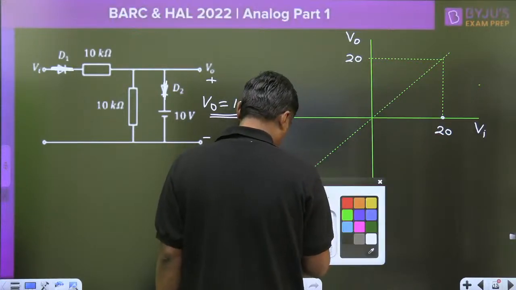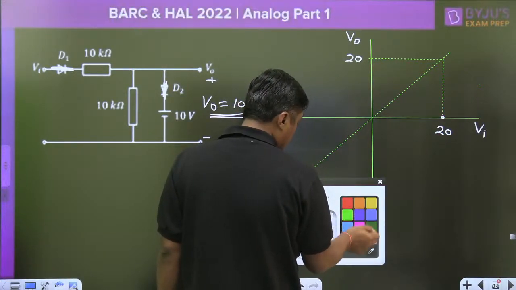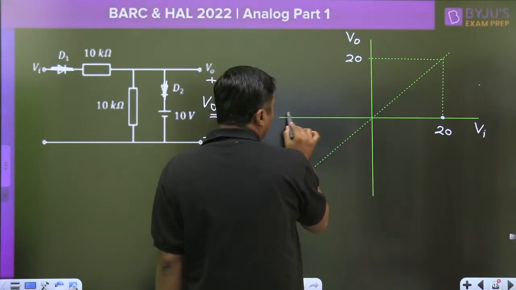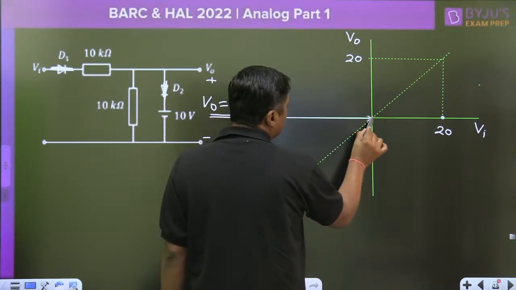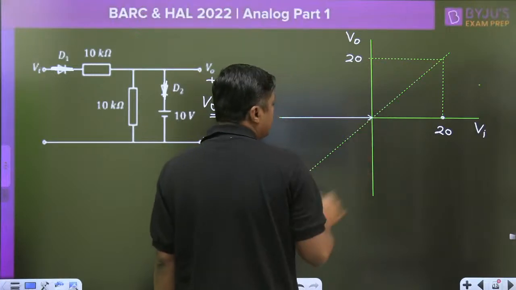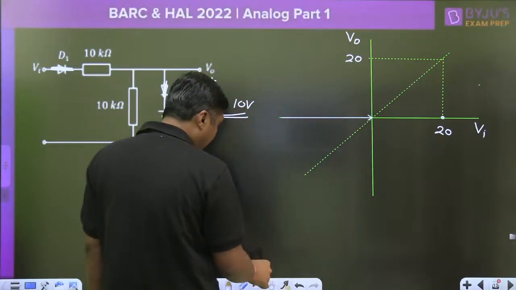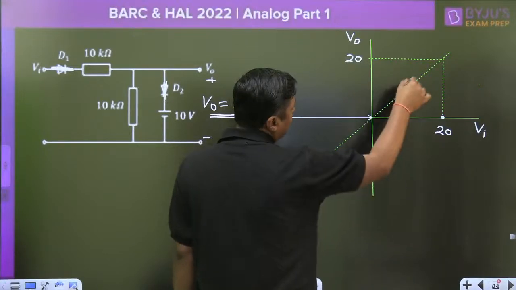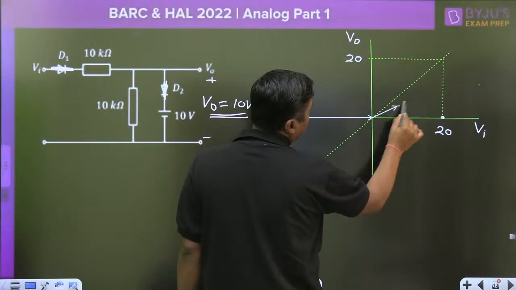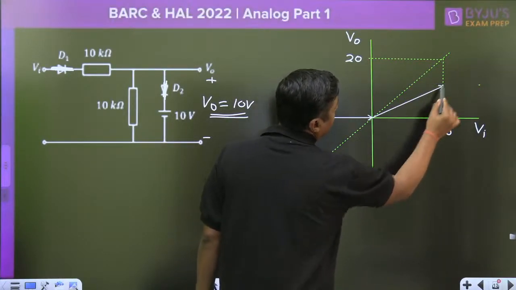Now watch this diagram. Up to 0 volt, output is 0. After that, it will follow the slope of this line, but it will follow Vi by 2.